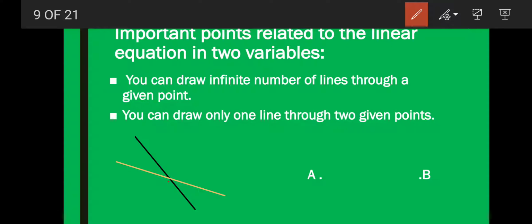So that will be somewhere here. Okay, now through this point there are two lines passing.